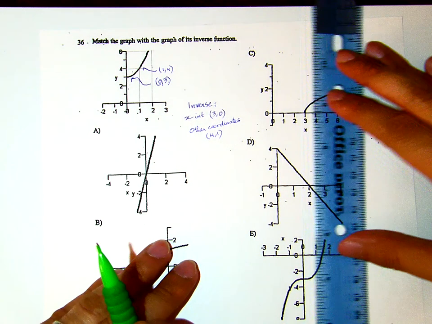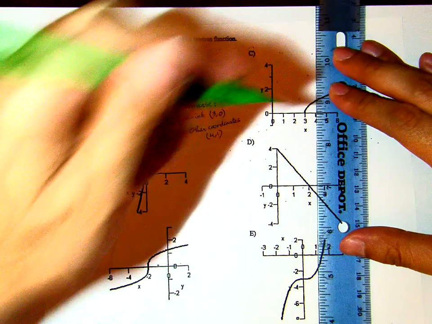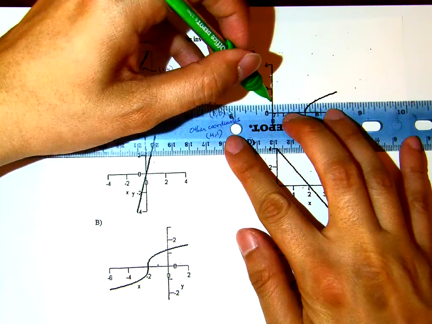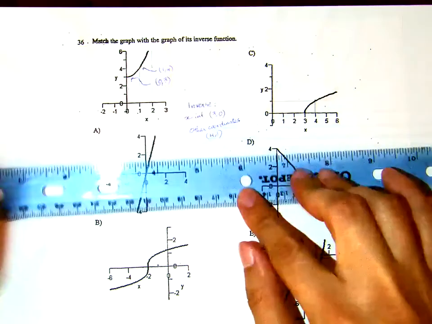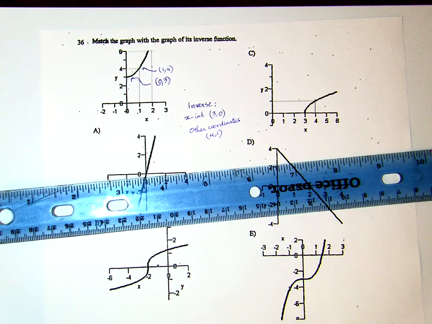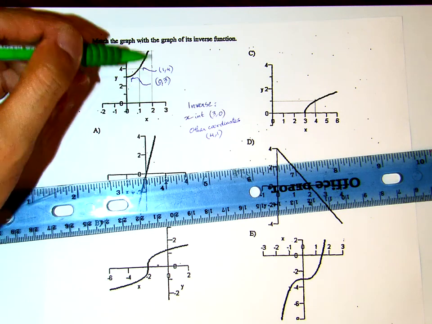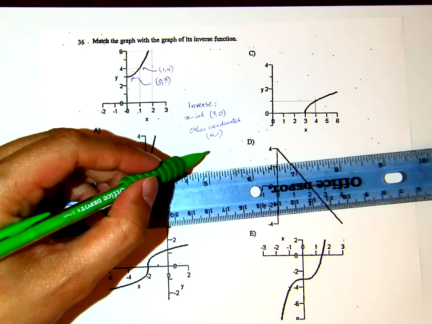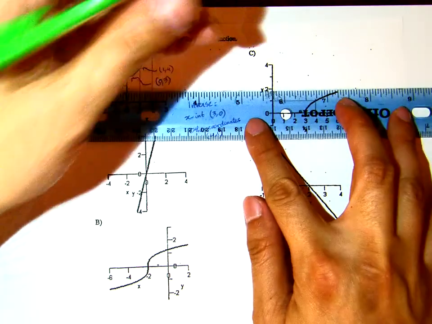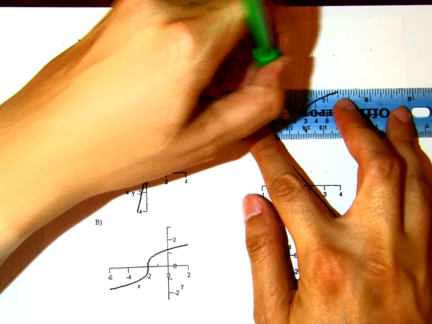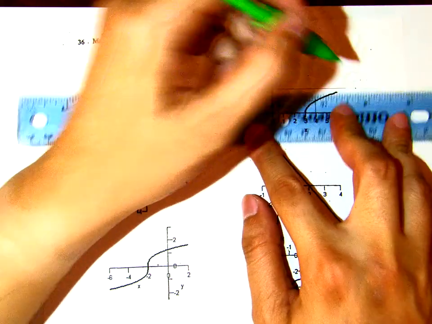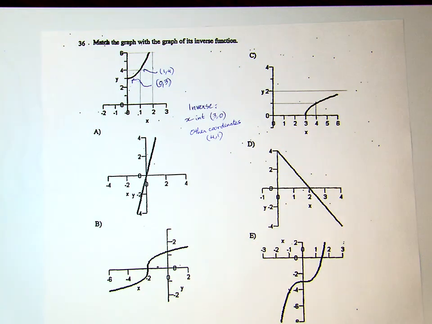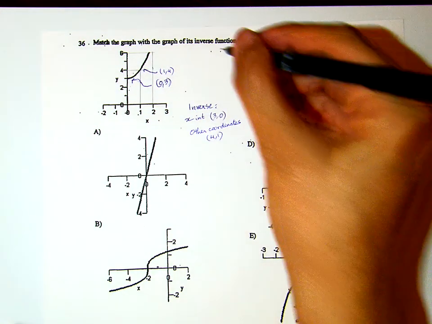Notice that when x equals 4, I would expect to see y be 1, right? Okay, and here I have 2, something more than 6. So here, when the y is 2, I expect the x to be more than 6. Okay? So we confirm that the answer is C.